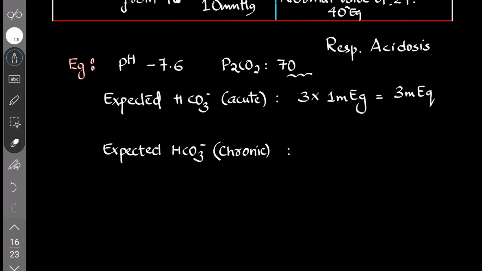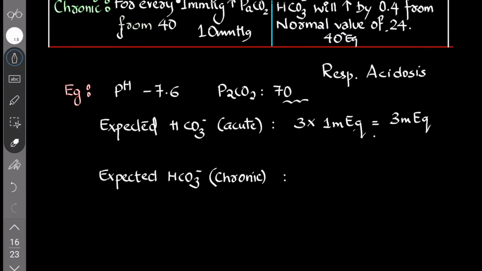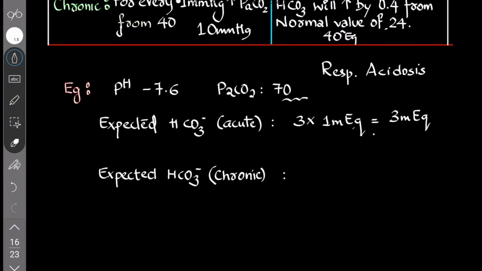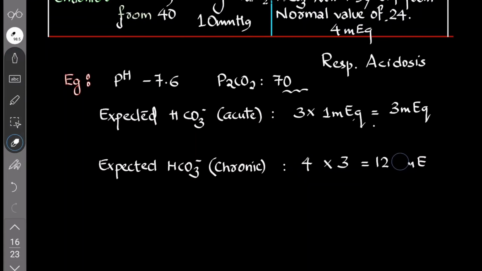Similarly for chronic, for every 10 it is 4, so for every 30, that is 4 into 3, that is 12 milliequivalents should be increased.